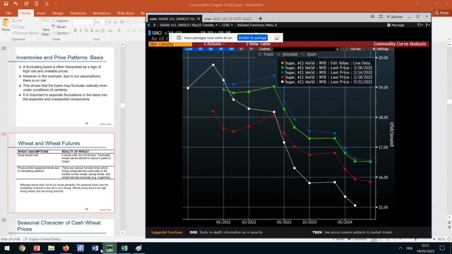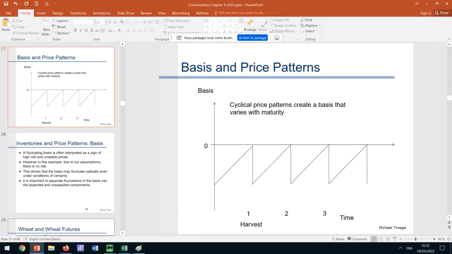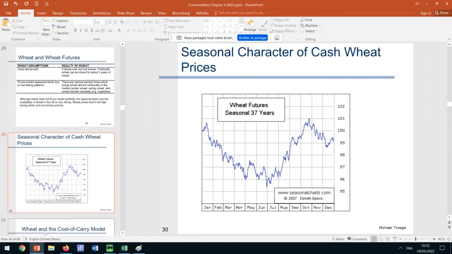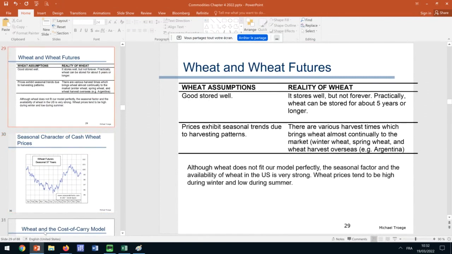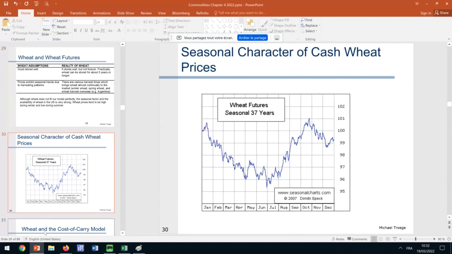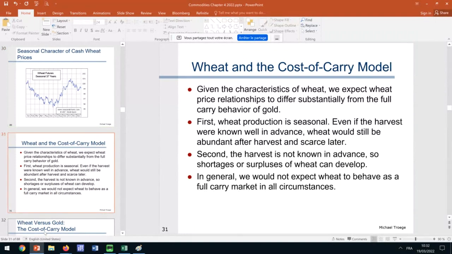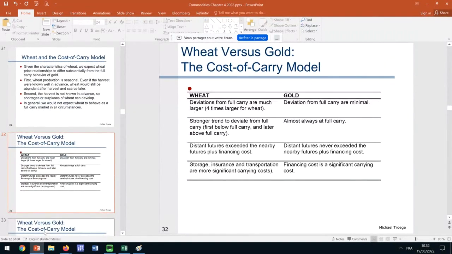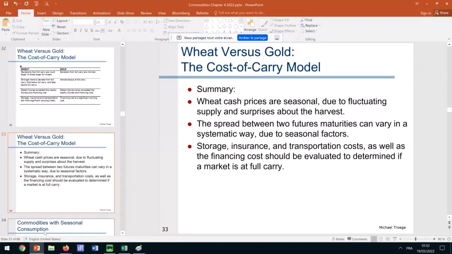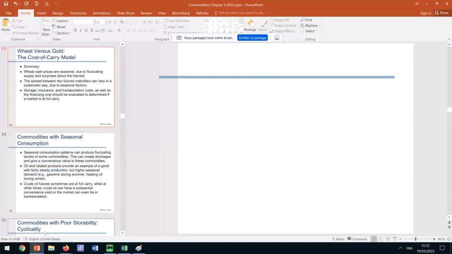There is no perfect storage, and that's why we have these price increases ahead of harvest, and this means that you see these cyclical patterns. So this is the cash wheat price, the same thing.